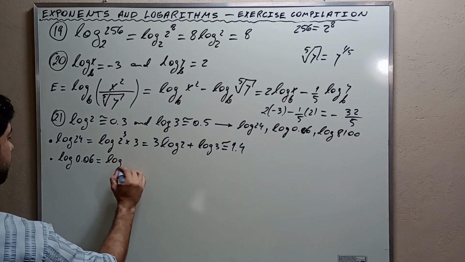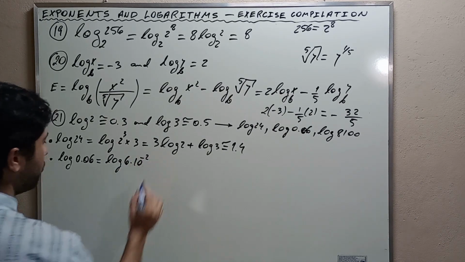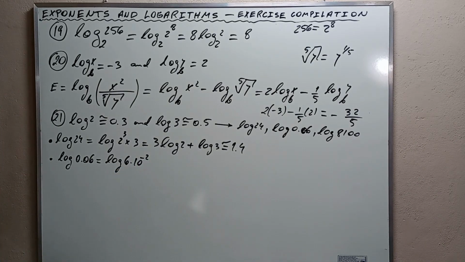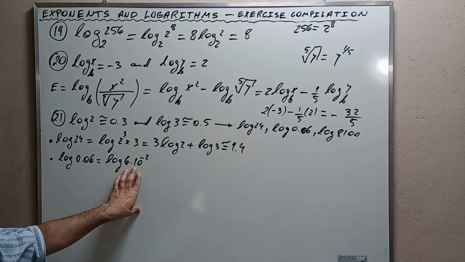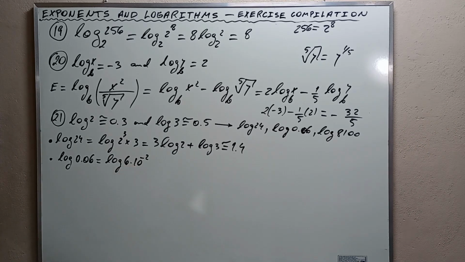Observe that 0.06 is equal to 6 times 10 to the minus 2, or 6 times 10 raised to the power of negative 2. You choose the way you speak this. Some people say 6 times 10 to the negative 2. Other people say 6 times 10 to the power of negative 2. And observe that 6 is equal to 2 times 3.